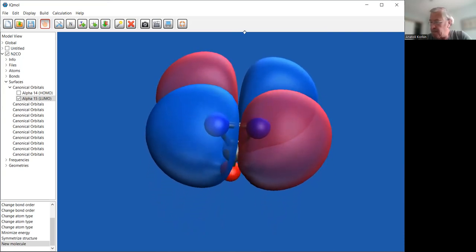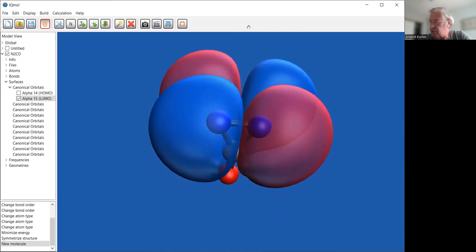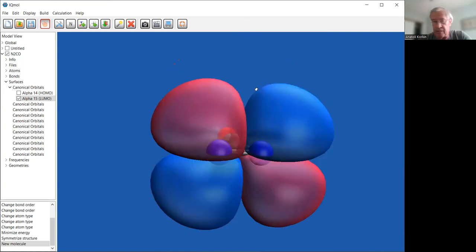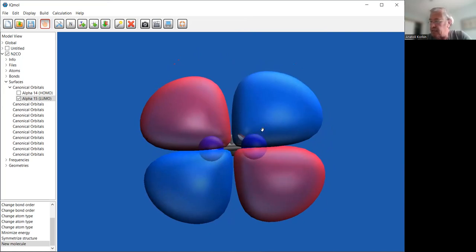Just a second, I think... Yeah, no, it's not changing its sign with regard to C2. Okay, so I made a mistake. It's actually A2 type orbital, because it doesn't change sign with regard to rotation around the C2 axis, but it changes sign in reflection of the plane perpendicular to the molecular plane.